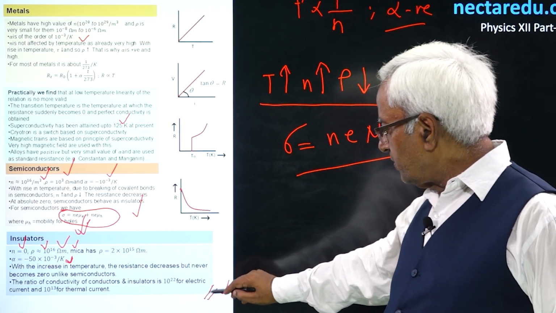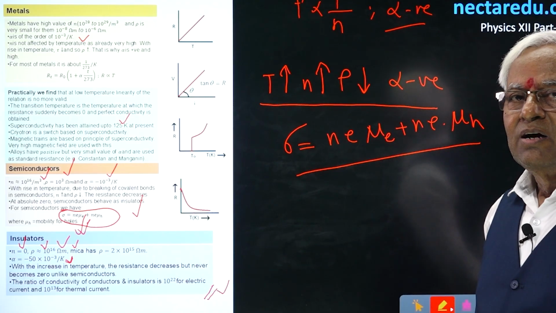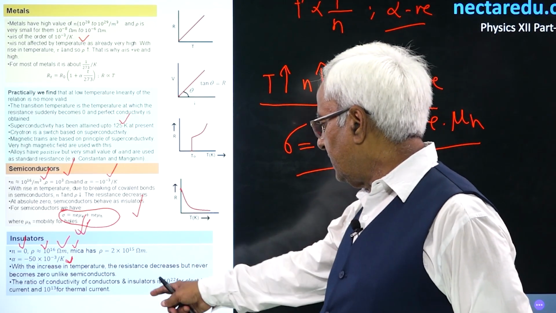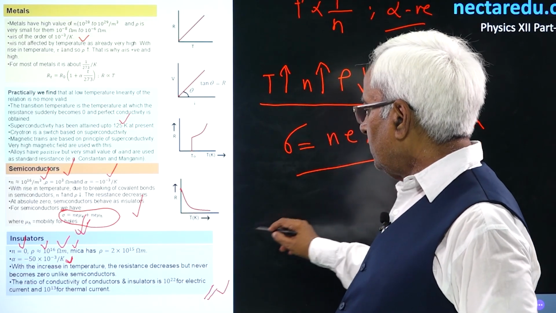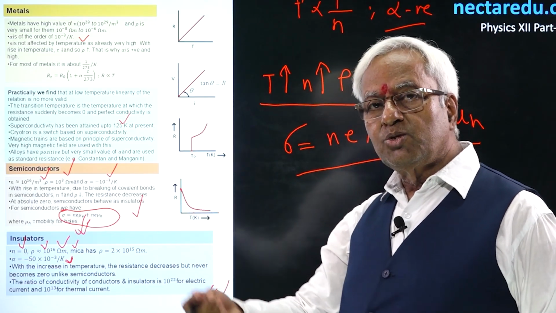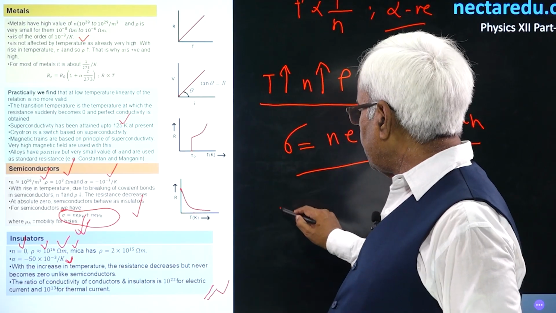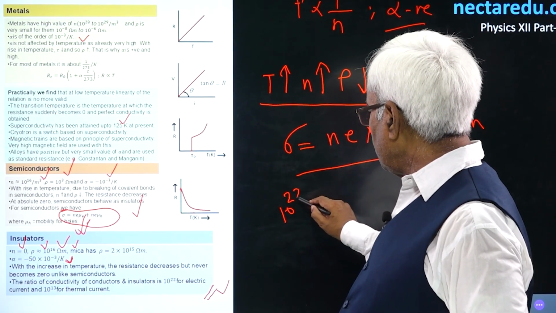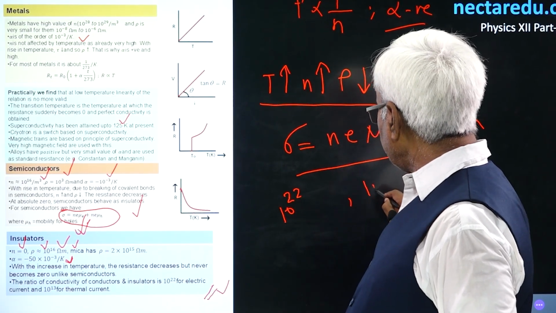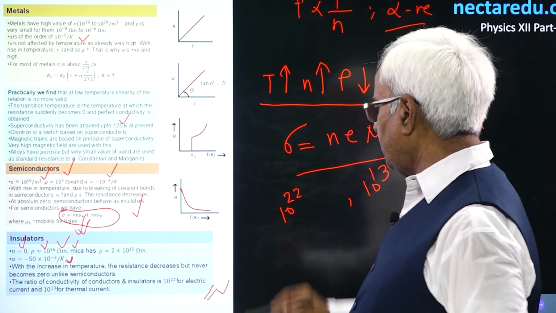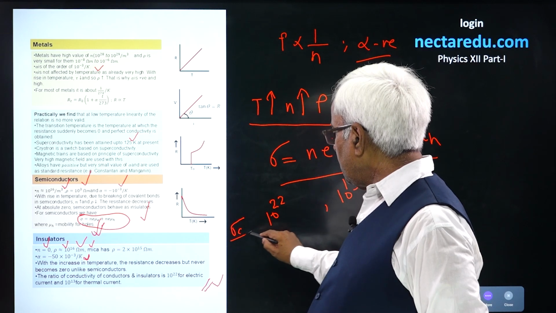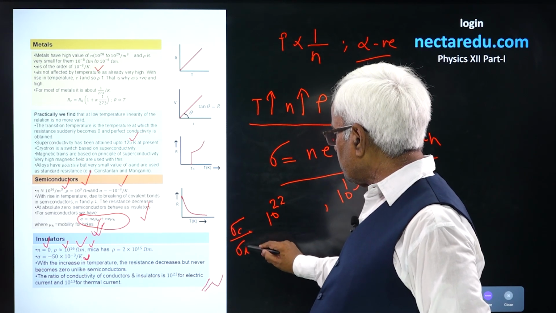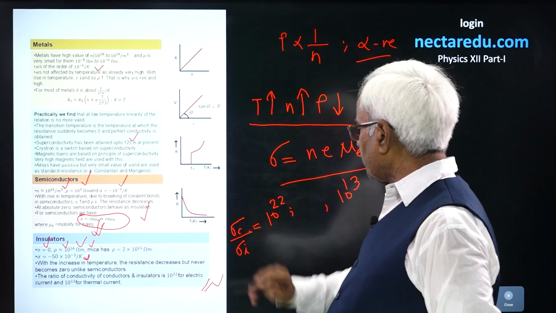Finally, this very important result has been given for thermal current and electric current. The ratio of conductivity for conductor and insulator is given as 10^22 for electric current, and 10^13 for thermal current.